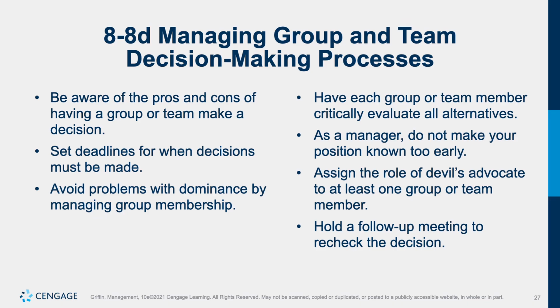So having deadlines or timelines would allow for those group decisions to be made promptly so that members can go back to their basic functions within the organization. So deadlines will manage time, and also cost.